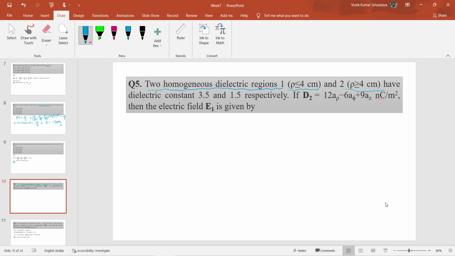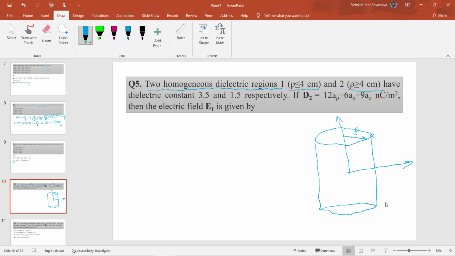First of all, see how to visualize such a question in pictorial form. Here we are considering the cylindrical coordinate system. Let us suppose this is my cylinder, and this is the radial vector, rho.